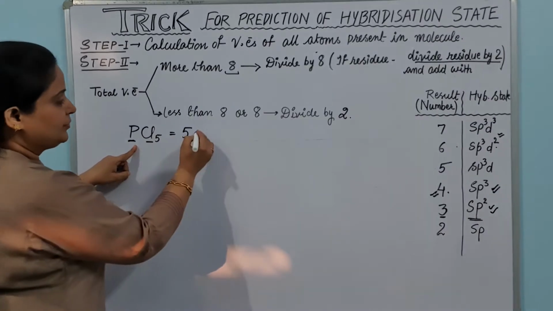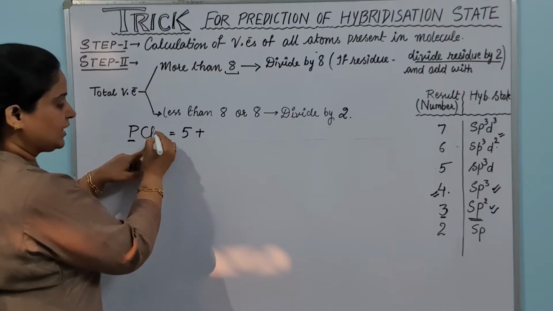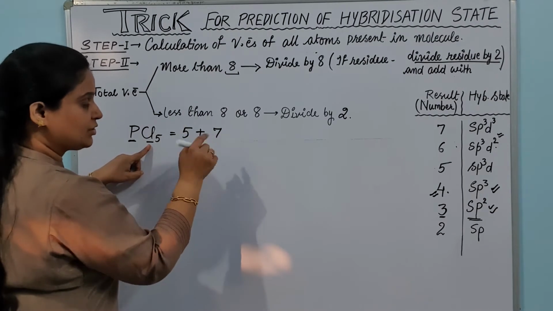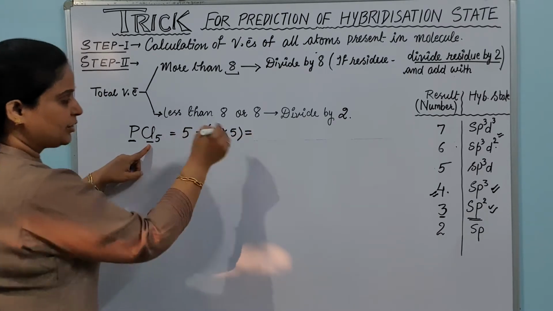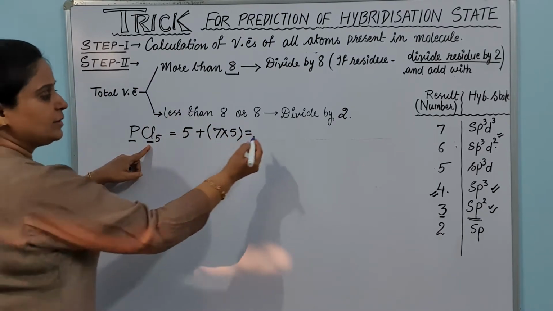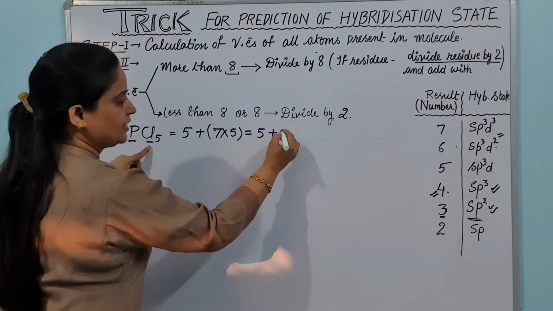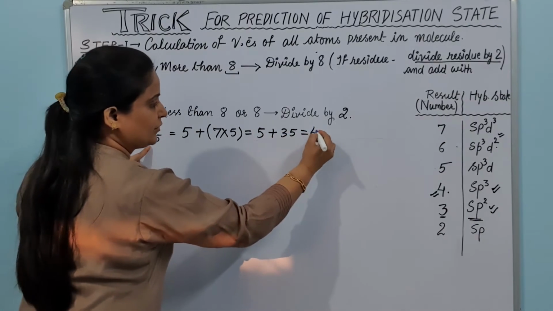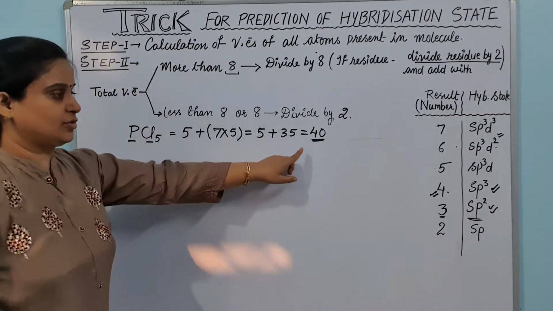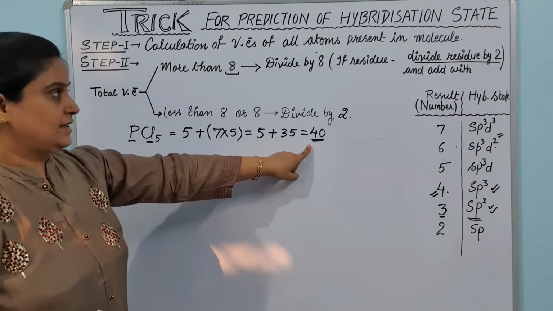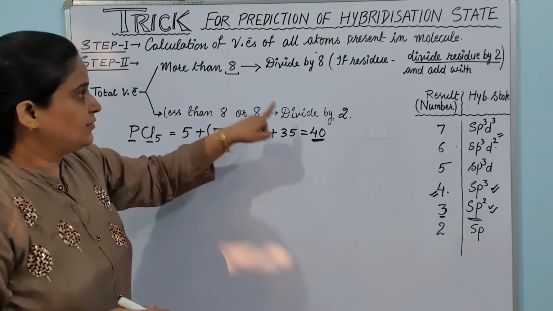Now add the electrons of the chlorine atoms, that is 7 electrons in each chlorine. How many chlorine atoms are there? 5. So the total number of electrons in the valence shell will be 5 plus 35, and the total number of electrons will be 40. Now, because the number of electrons we are getting is more than 8, I will divide this 40 by 8.